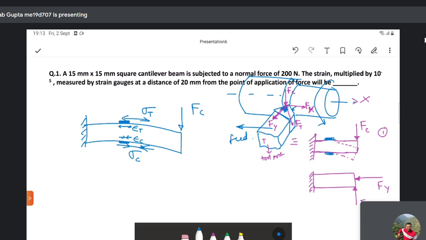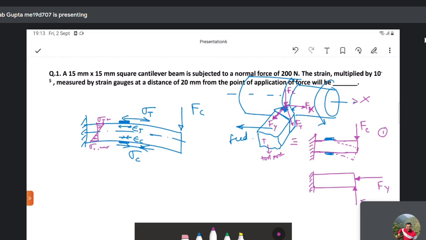Essentially these two will be the same if we consider this to be the neutral plane, and if we revisit the strength of materials, this relates strength of materials with machining. Then we can say that the stress profile along any cross section will look like this. So this is your sigma T max, and this is your sigma C max.